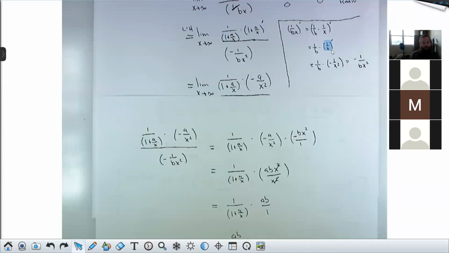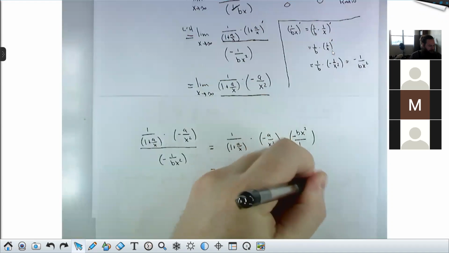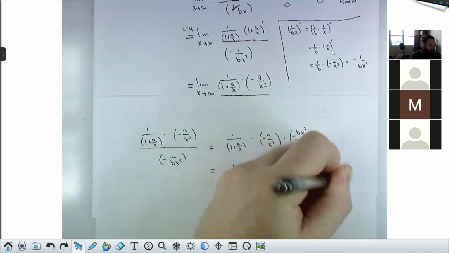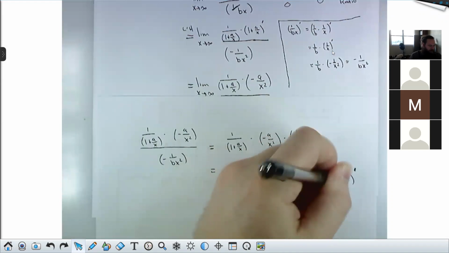Well, what is the derivative of 1 over x? Easiest way to do this is to think of it as x to the negative 1. So 1 over x is x to the negative 1.